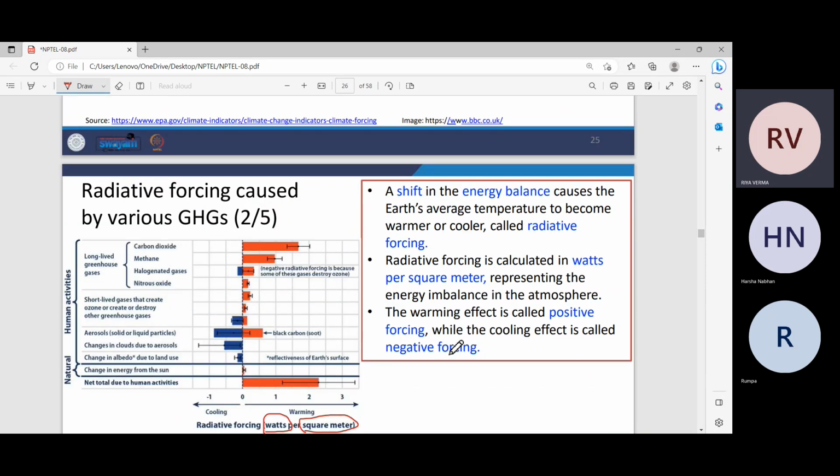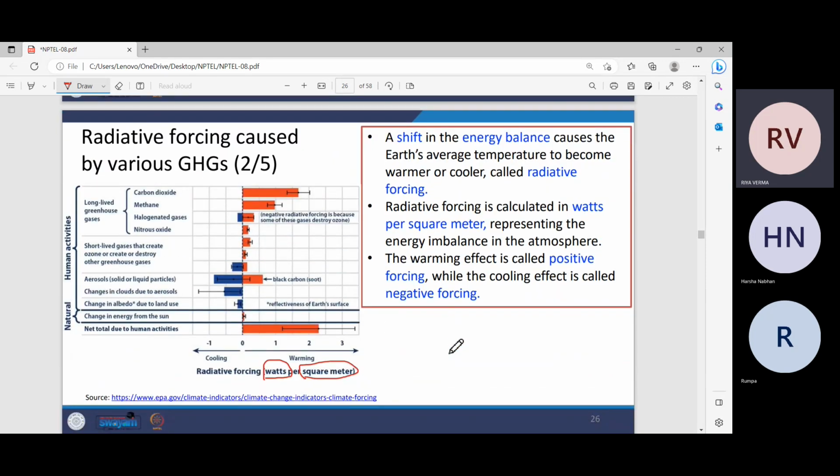So that is why this per square meter is there, because when we club all these values together, we get the average, or the overall impact, whether it is warming or cooling, like whether it is positive or negative forcing. So that is why it is watts per square meter.